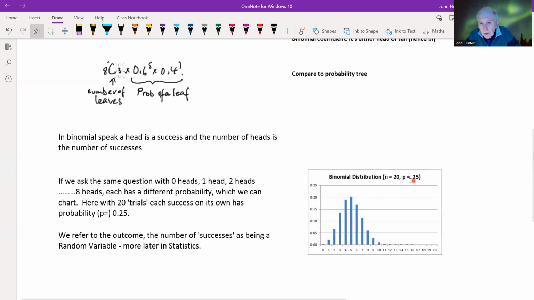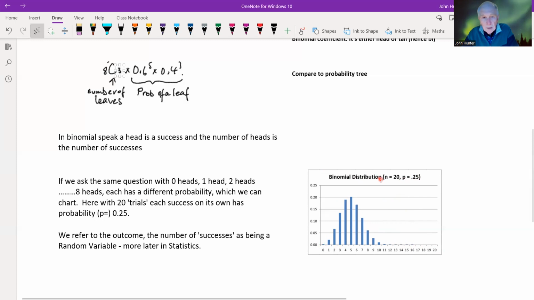We also find with these things that the lower the p-value, the more skewed it is to the left. It rises up quickly to the left and then tails away to the right. And then if p was a higher number, like 0.75, it would be the other way around. It would rise up slowly and then tail away fairly quickly.